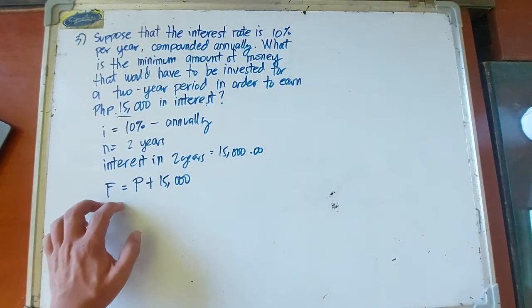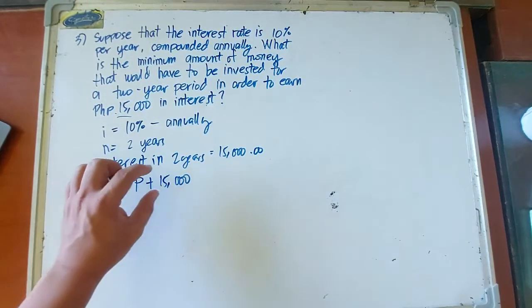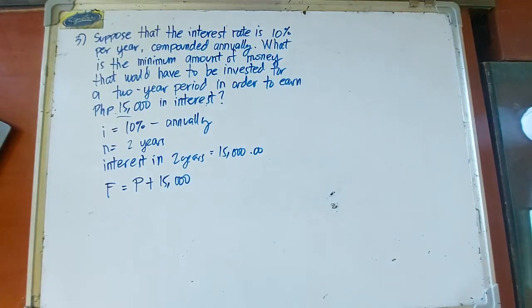So future worth is the principal or the present worth plus the interest. So we are solving for the present worth or yung principal, yung amount na i-invest natin so that after 2 years meron tayong interest or may kikitain yung pera natin na 15,000.